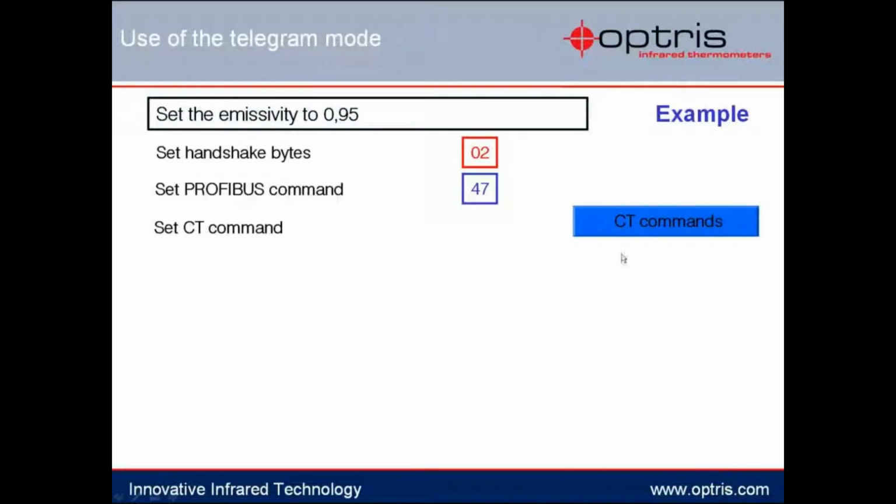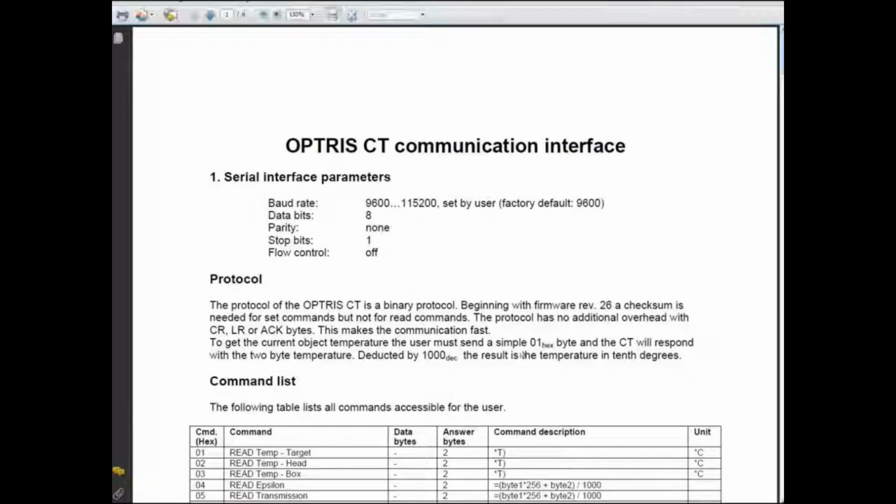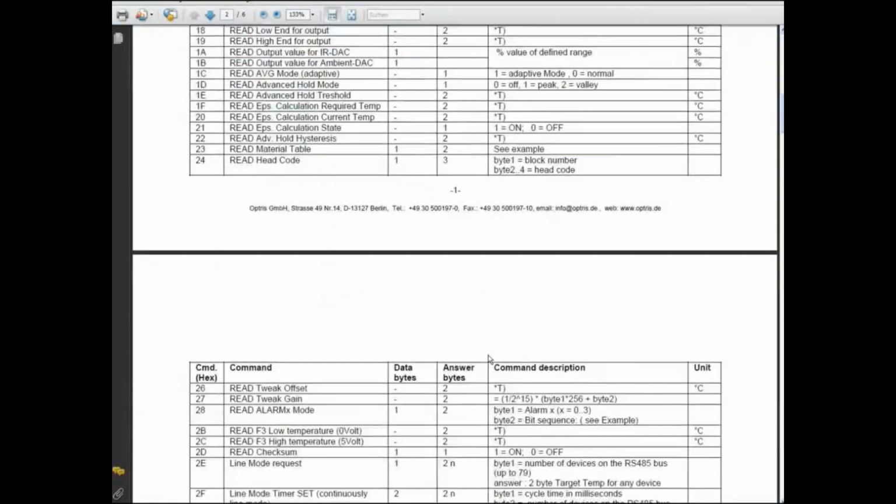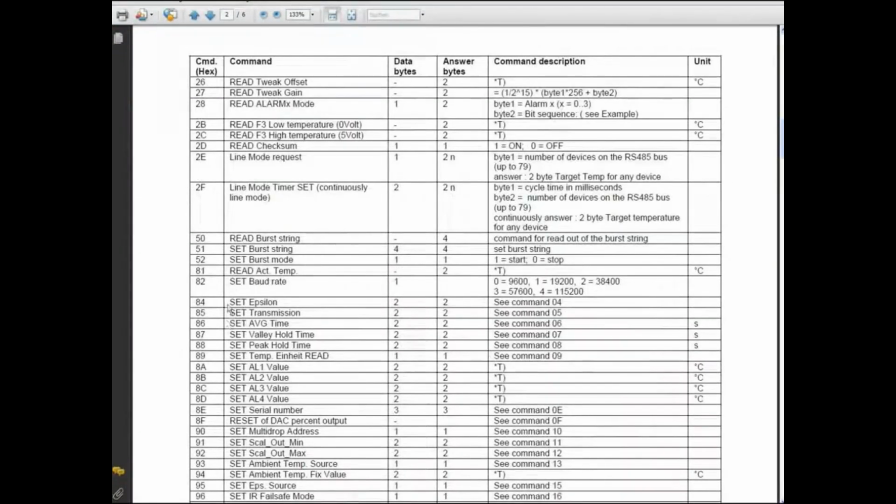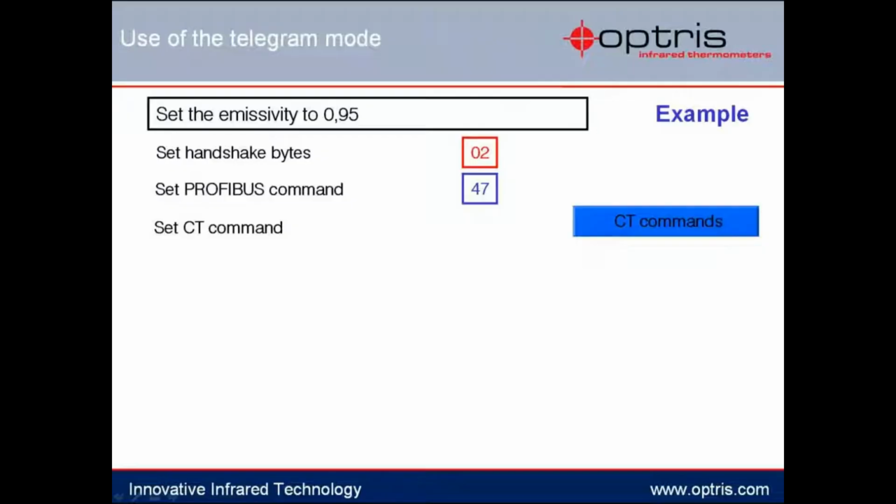Let's have a look at the command list again. To change the emissivity of the sensor, the command 84 is needed. With the following bytes, we will submit the value which will be changed at the sensor regarding the emissivity. The new emissivity of the sensor will be 0.95.